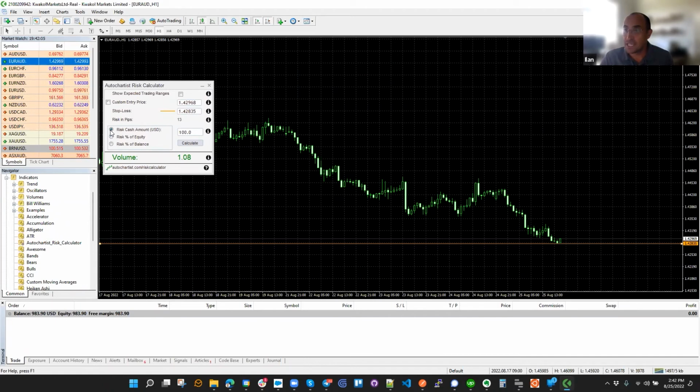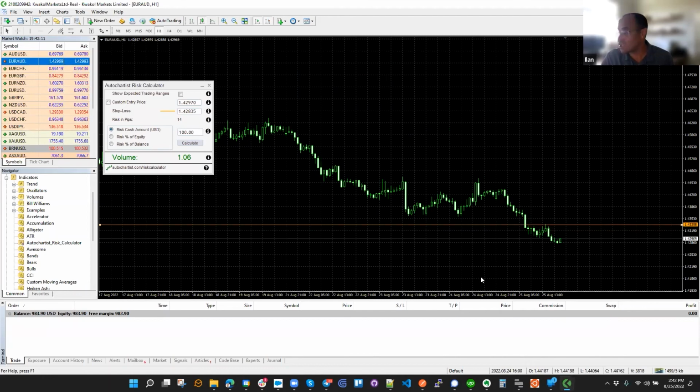So let's look at this. If I trade, let's say I'm trading this with this kind of stop loss, right? That is a 14 pip stop loss. If I risk $100, I would be trading 0.39. $100 is approximately 10% of my equity. So watch if I change to percent of equity and I change it to 10%, I get basically the same, 0.38, 0.39, right?